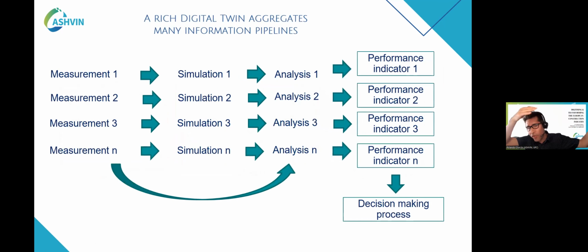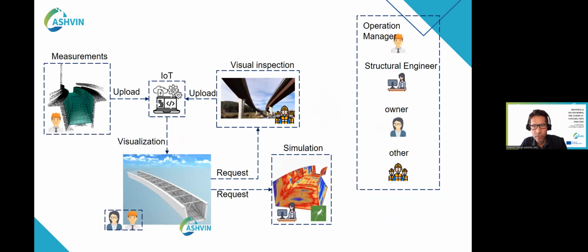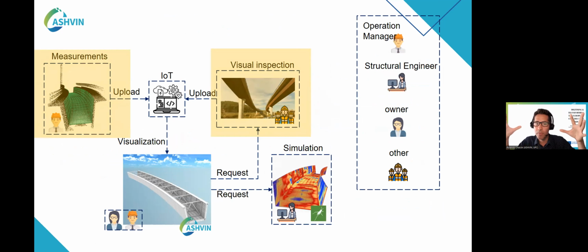And then with other measurements and other performance indicators, the maintenance plan can be based on aggregation of those elements and be more data informed. So to finish, we have on the right the potential stakeholders in a maintenance plan decision-making process, in which there are visual inspections or measurements sent to the IoT platform.